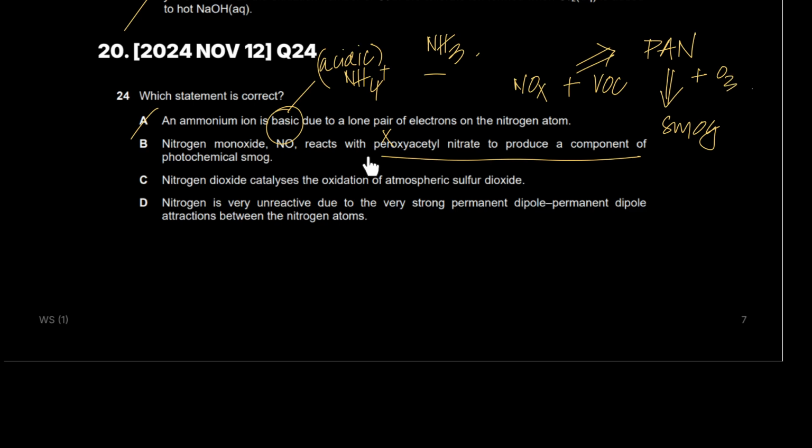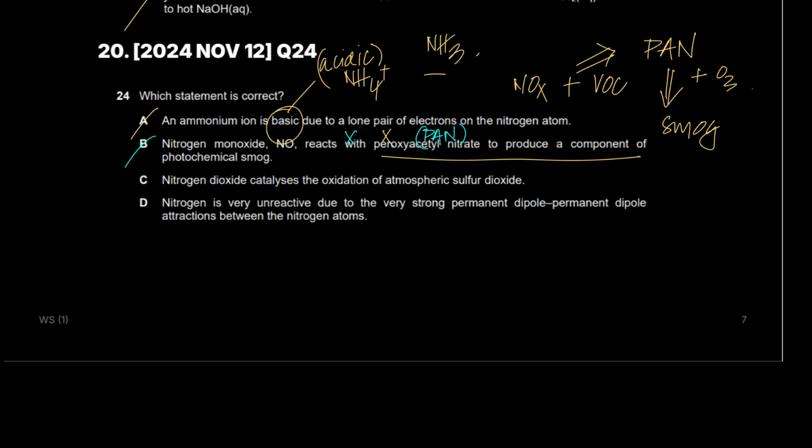So NOx does not react with PAN. NOx does not react with peroxyacetyl nitrate. No. It does not react with it. Rather, it reacts with volatile organic compounds, which are unburnt hydrocarbons, to give you PAN, which gives you smog. So please, this reacts with this to give PAN. PAN gives smog. So it does not react with this to produce a component of photochemical smog.